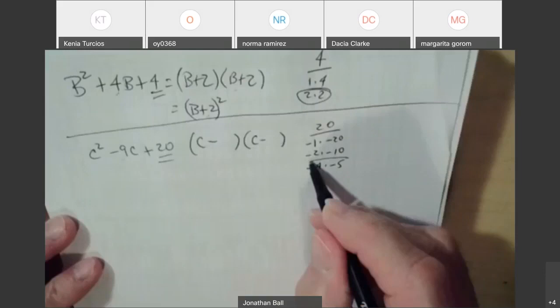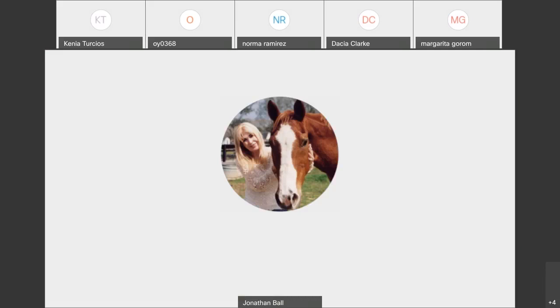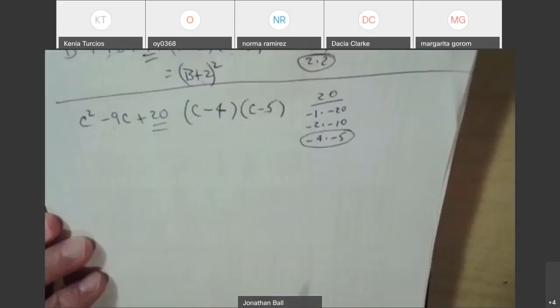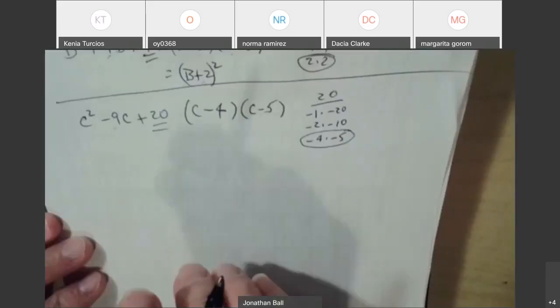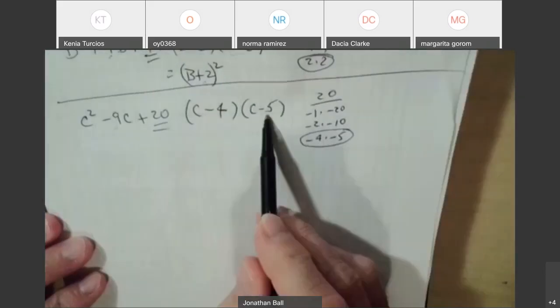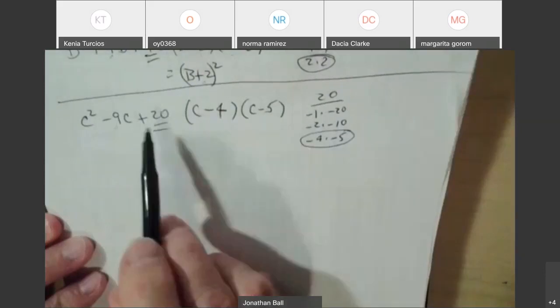So negative 4 and negative 5. Now the acid test here is negative 4 times negative 5 is positive 20, and negative 4 minus 5 is negative 9. So we are correct. I hope.